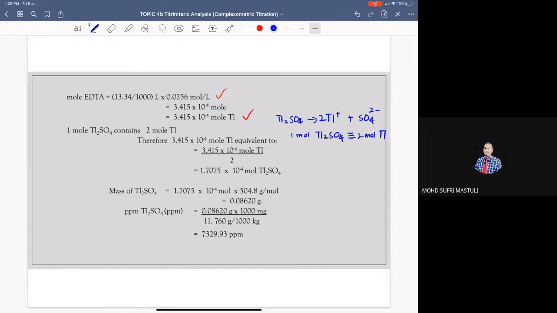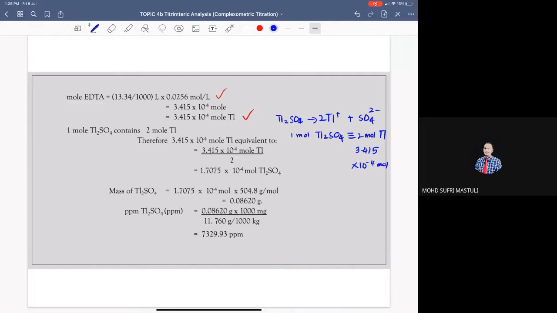So you already know the mole number of Tl, 3.415 times 10 to the power negative 4 mole.